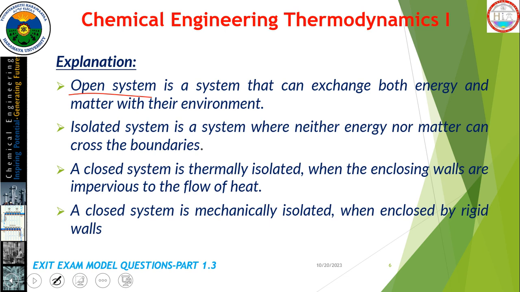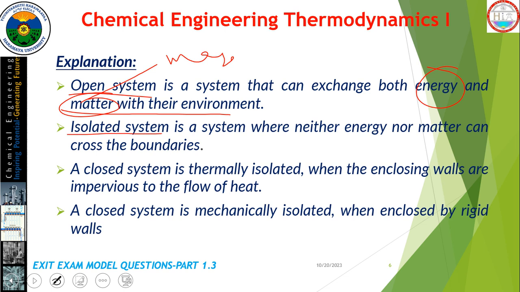An open system is a system that can exchange both energy and matter, or mass, with the environment or surrounding. There are different systems that can be treated as open systems, which can exchange energy as well as mass.